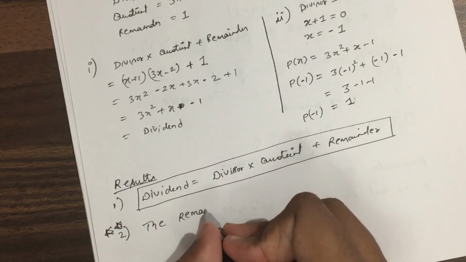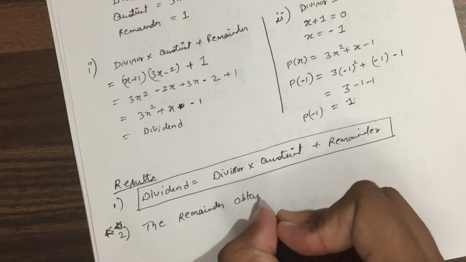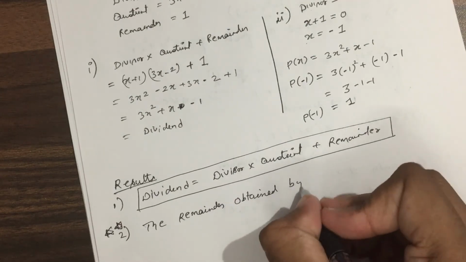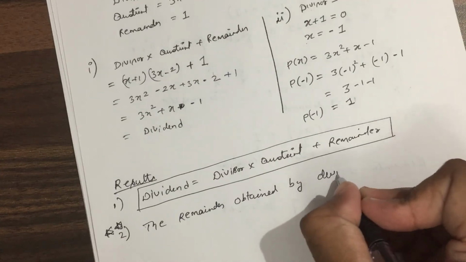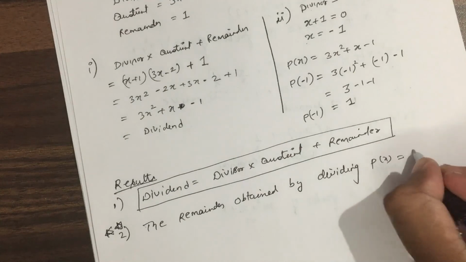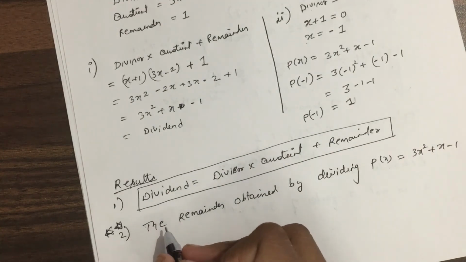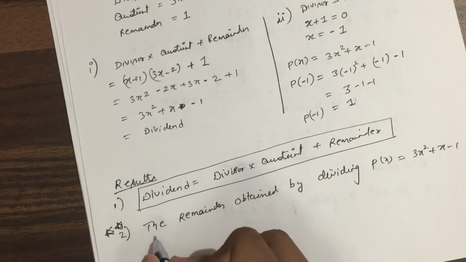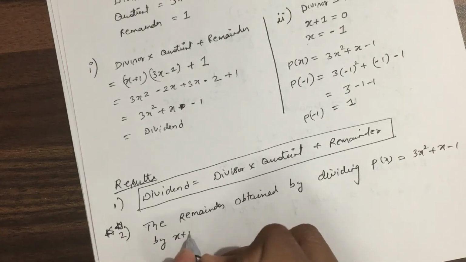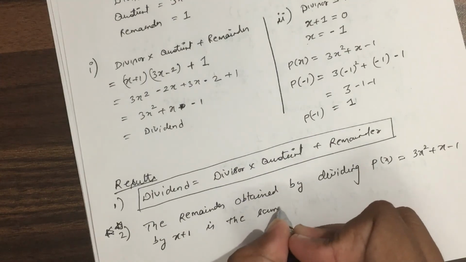ठीक है? The remainder obtained by dividing p(x) is equal to 3x square plus x minus 1. The remainder obtained by dividing p(x) by x plus 1 is the same.